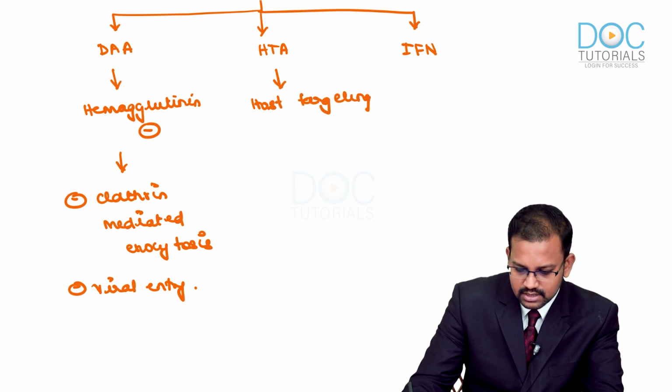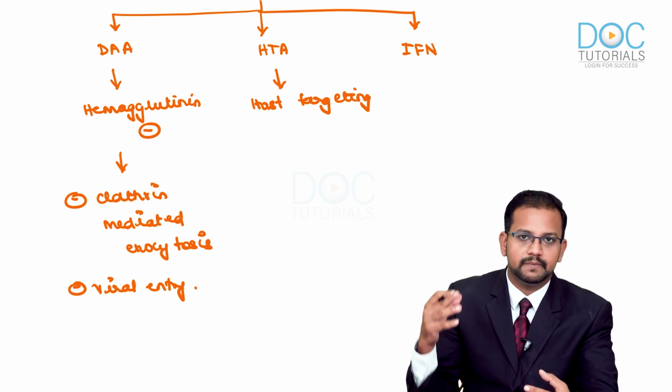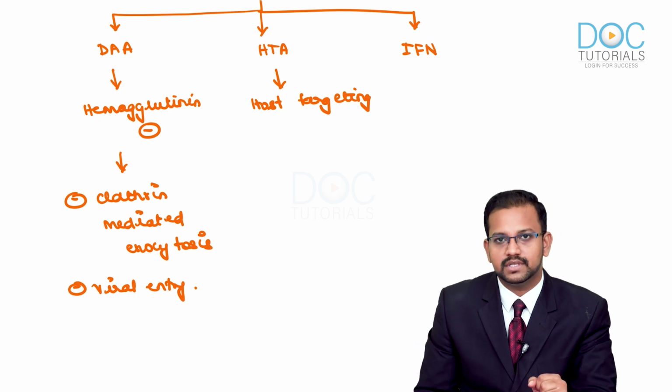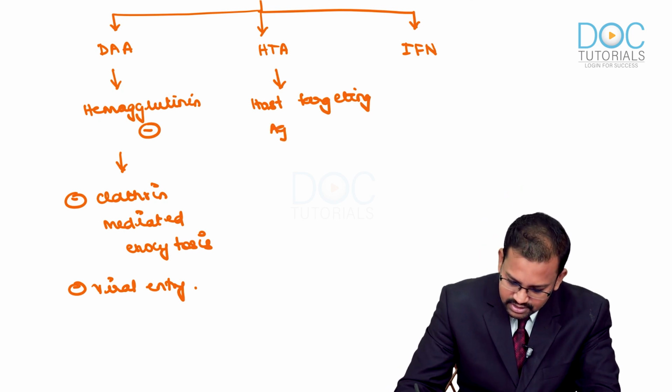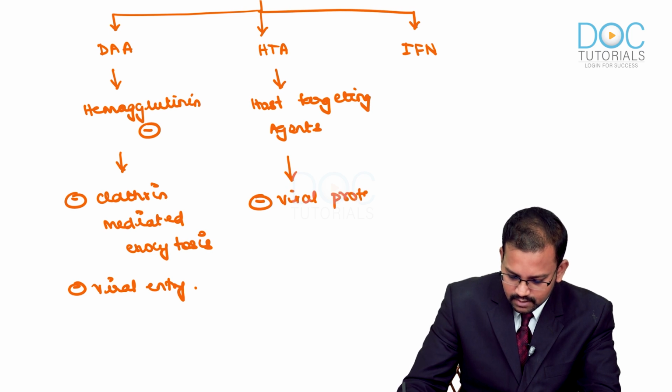It doesn't just target the virus, it also targets the host cells. It tends to increase the preparedness of the host cell against infection with this virus. Host targeting agent, HTA. How is it going to inhibit? By inhibiting viral proteins and lipids.